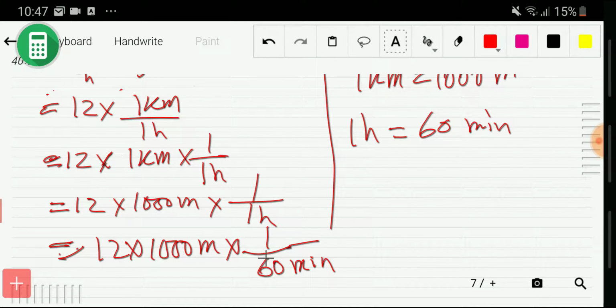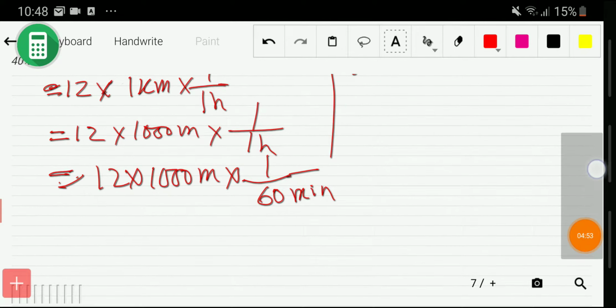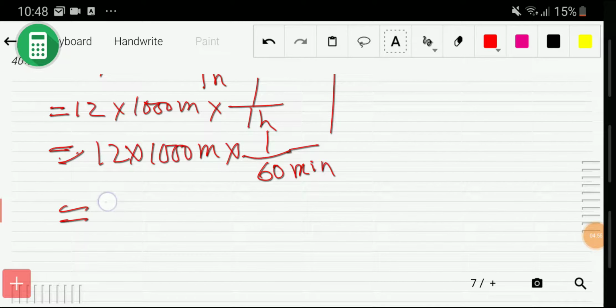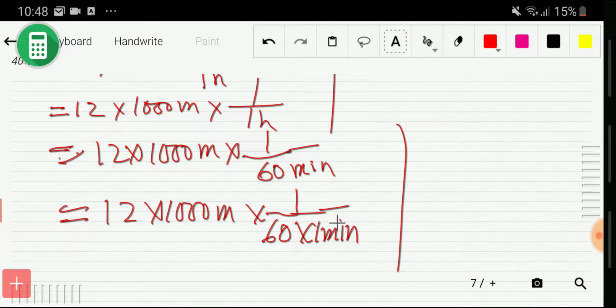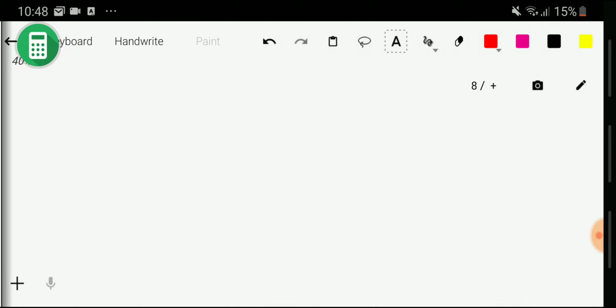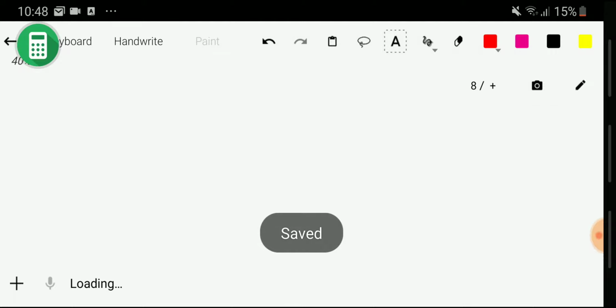Right, and now we have to rewrite this: 60 times 1 minute. We have the relationship of minute with second, right?